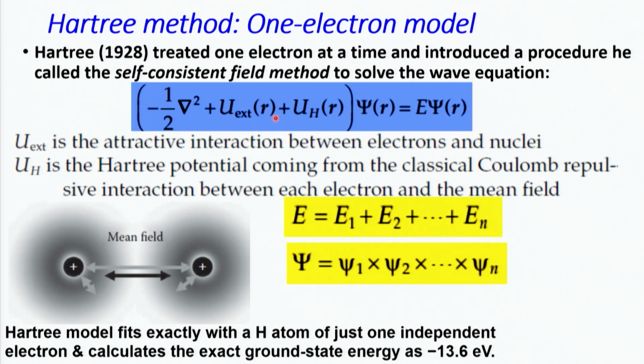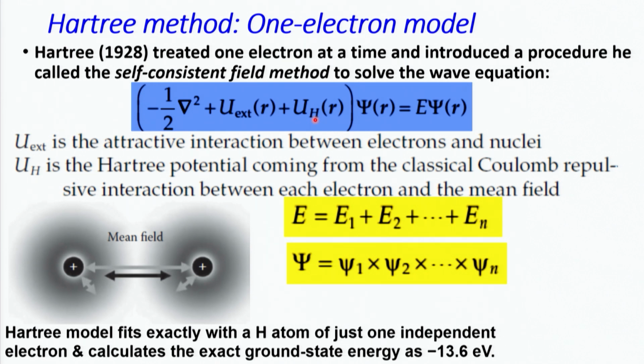So essentially we get the overall Schrödinger equation, where U_EXT is the attractive interaction between electrons and nuclei, and U_H is the Hartree potential coming from the classical Coulombic repulsion. So the first one is the electron-nuclei interaction, and U_H is the electron interaction, but in this case electrons are interacting with the average field.